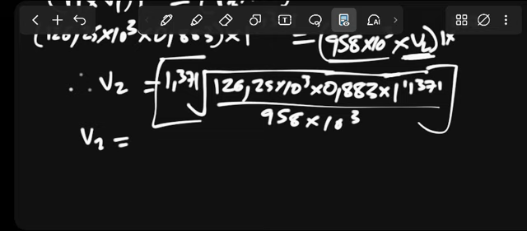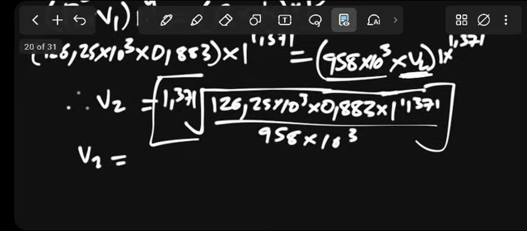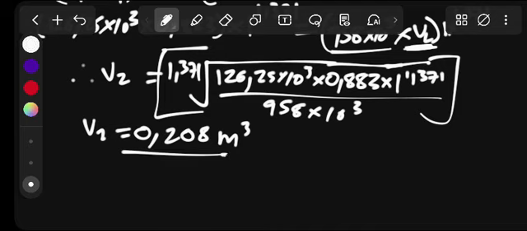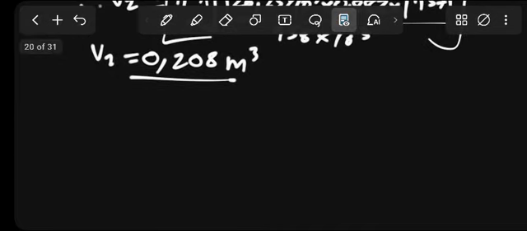This will give me 0.208, okay, cubic meters, V2. Now we can calculate our work done.